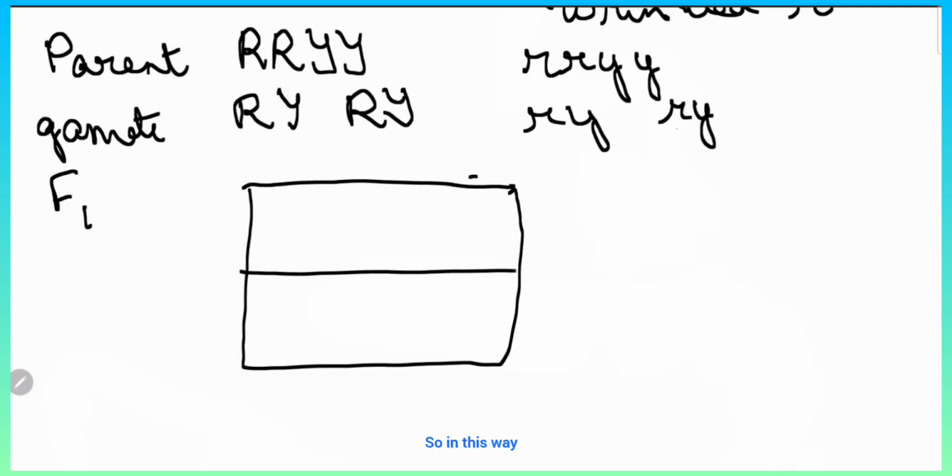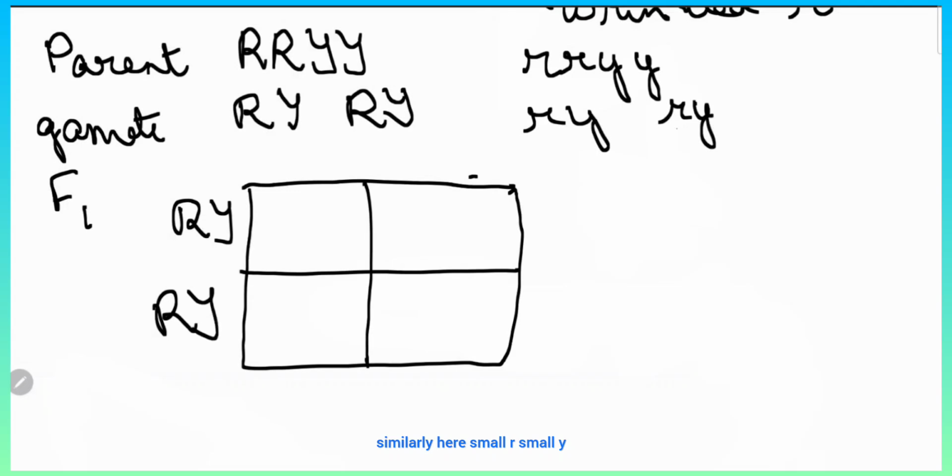I put the gametes here, capital R, capital Y. Similarly, here small r, small y over here. And now let us cross. We will be crossing this with this.